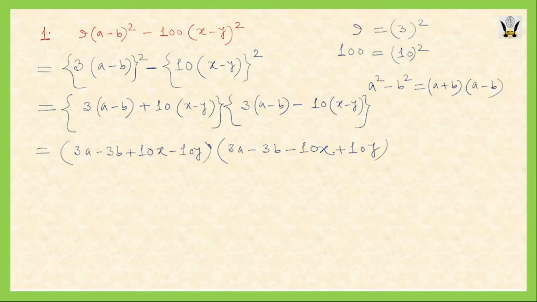Now in the first factor we have different variables a, b, x, y, so all are unlike terms and we cannot simplify further. In the second factor also all the variables a, b, x, y are different, so we cannot simplify further. That means this is our simplified factorized form of this algebraic expression.